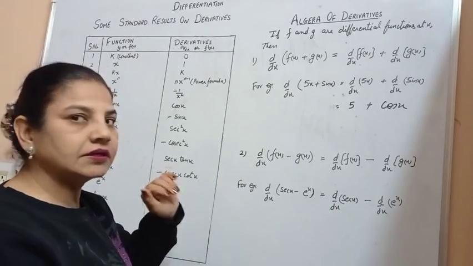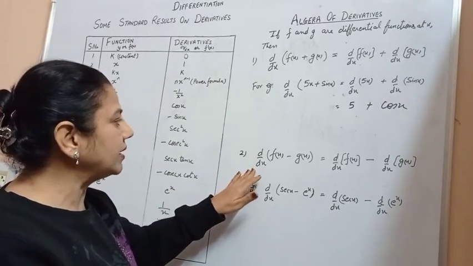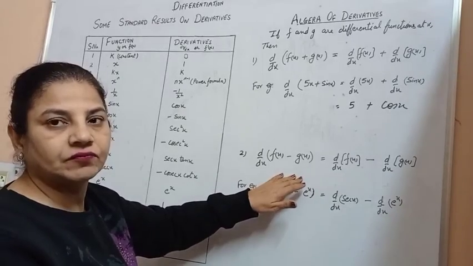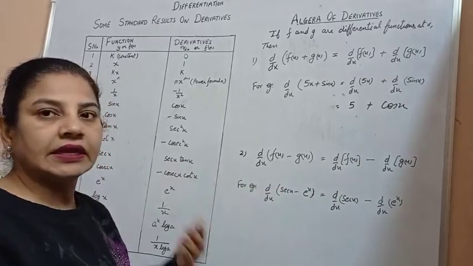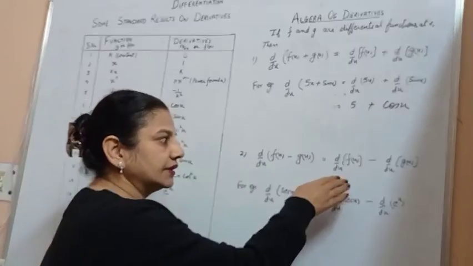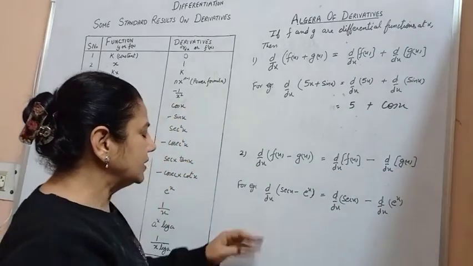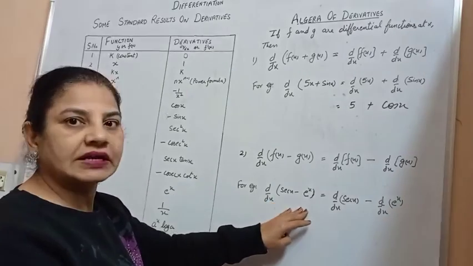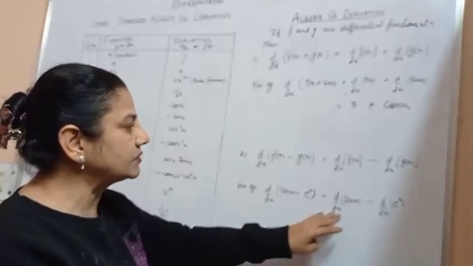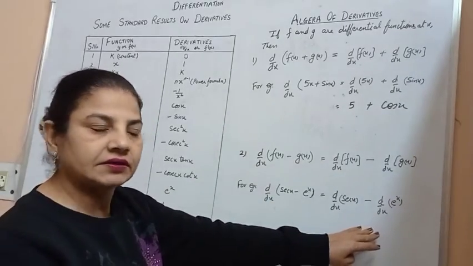Then the second rule is d/dx of f(x) minus g(x). When the difference of two functions is given to us, the derivative is calculated as the derivative of the first function minus the derivative of the second function. For example, if secant x minus e to the power x is given to us, then we take the derivative of secant x minus the derivative of e to the power x.